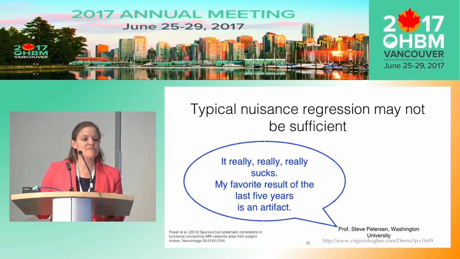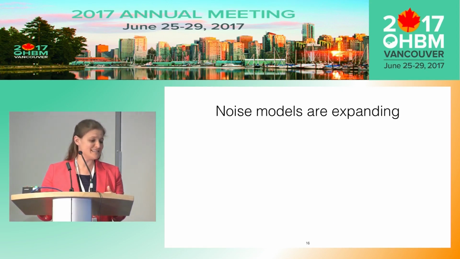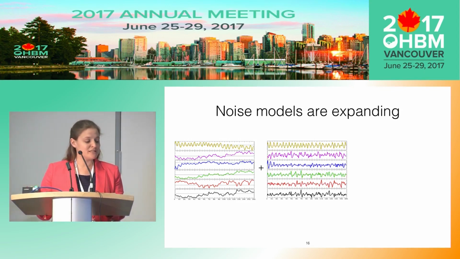And so as a field, we're very concerned about the idea that we're not actually removing enough noise from our data, that the nuisance regression is not sufficient. So we see that our noise models have been expanding to avoid this issue. Head motion is a common one. We start off with 6 head motion regressors, our pitch, roll, and yaw rotations and our translations. We say that's not sufficient, we add the first derivatives.